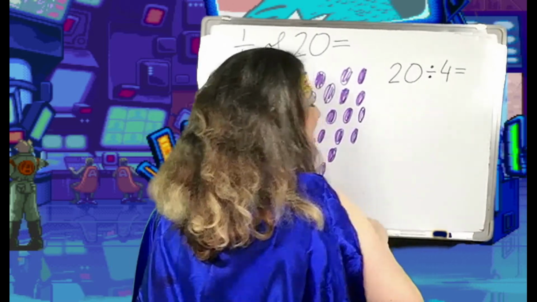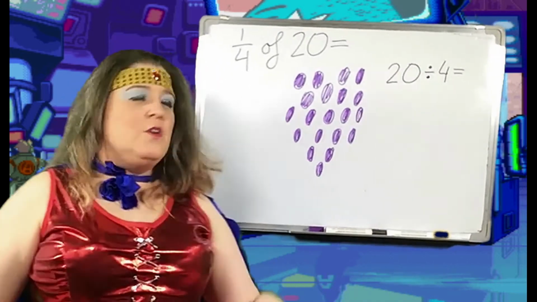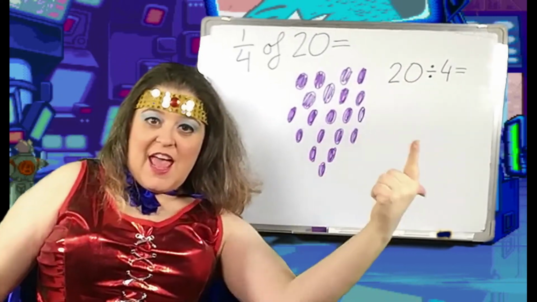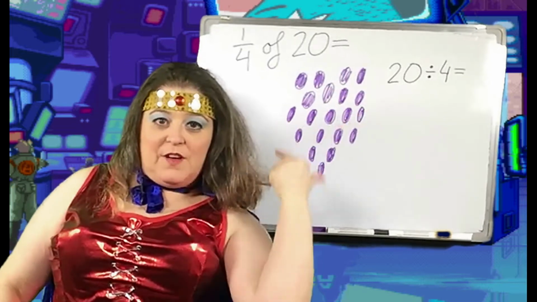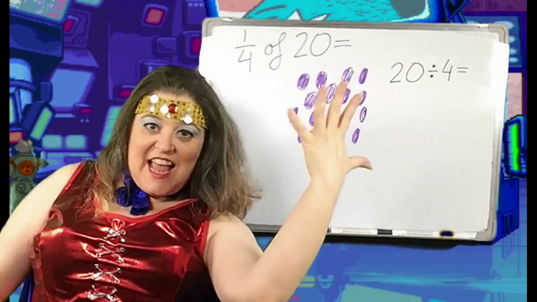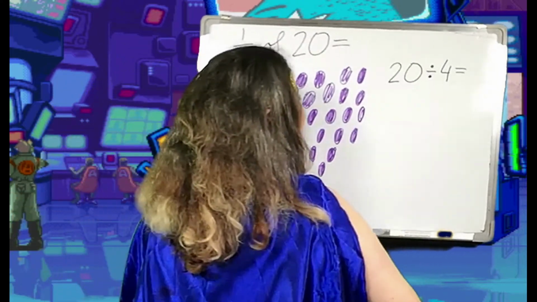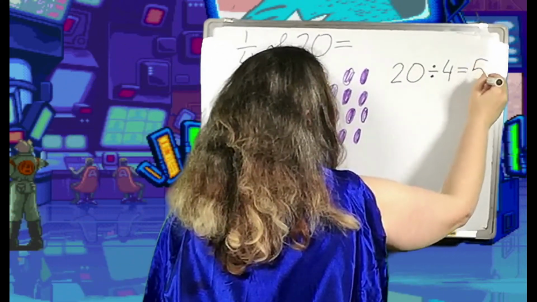So 20 divided by 4. To work that out, we count in 4s. 4, 8, 12, 16, 20. So the answer is 5.